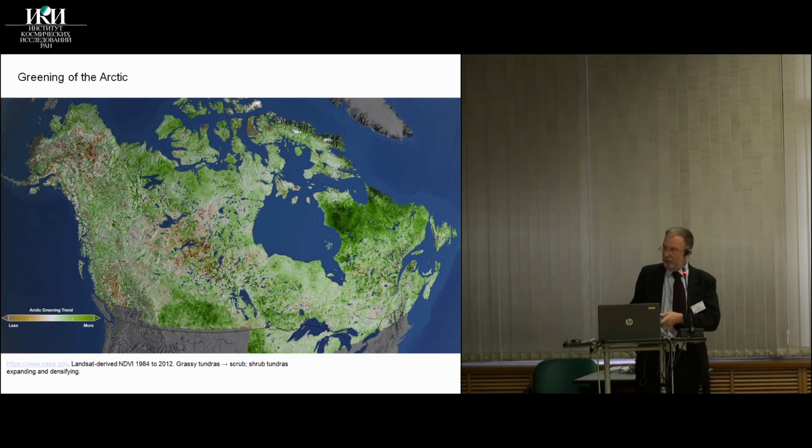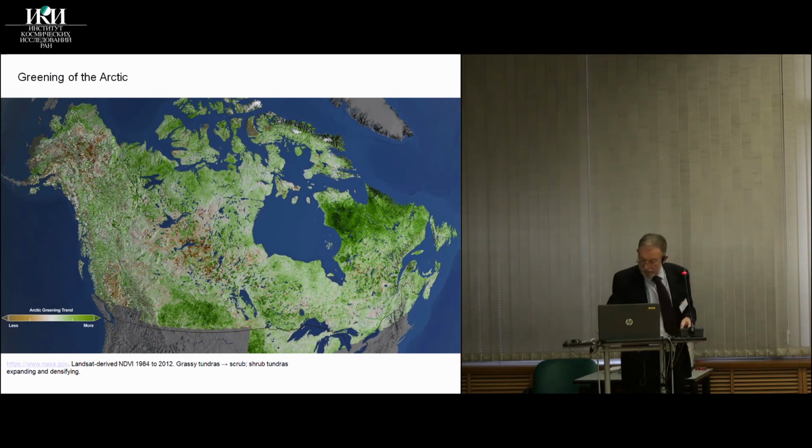This is just Canada, of course, and where it's become less, so a few areas where the Arctic has browned rather than greened. In places where it's increased, the main changes are that grassy tundra areas have transformed into scrub and shrub tundras have expanded and become denser.